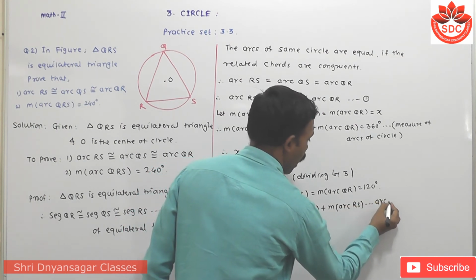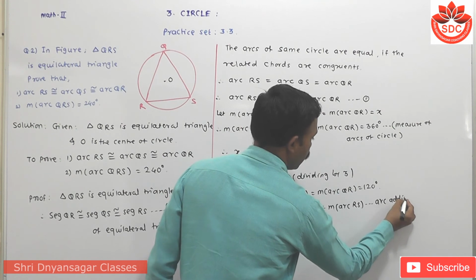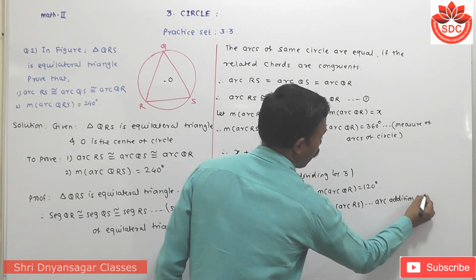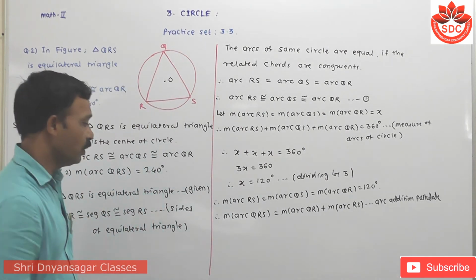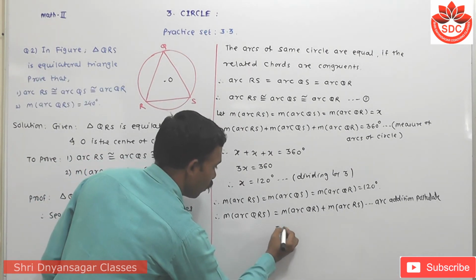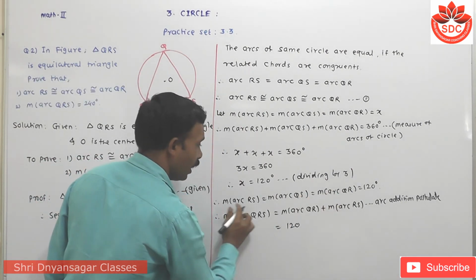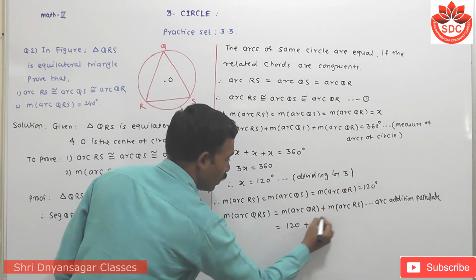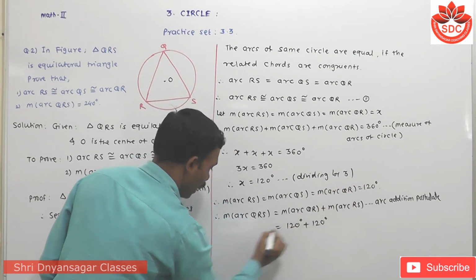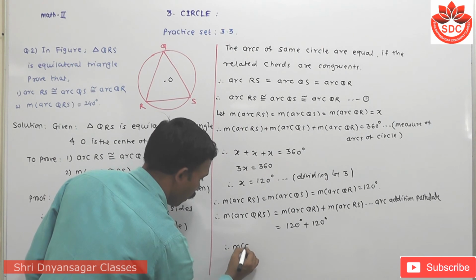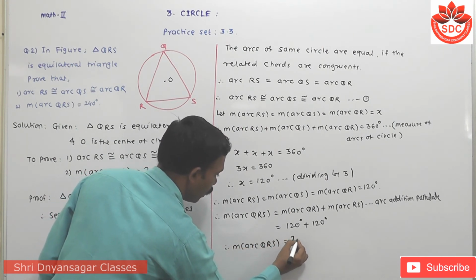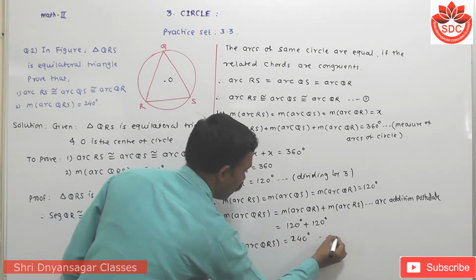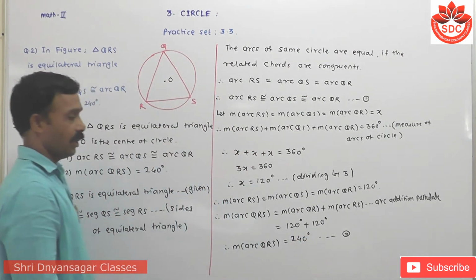Here, the arc addition postulate. Substitute this value. This is 120 because all of them are equal, plus this is also 120. Therefore, the measure of RQRS is equal to how much? 240 degrees. This is the second.